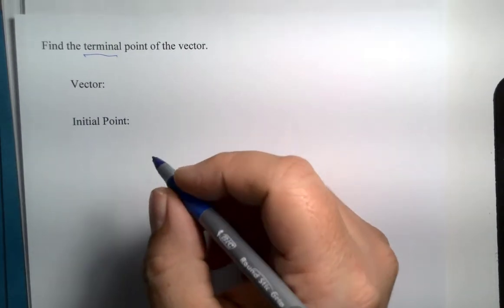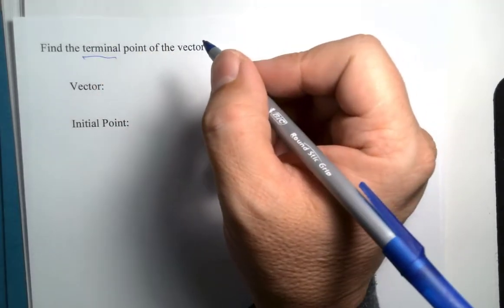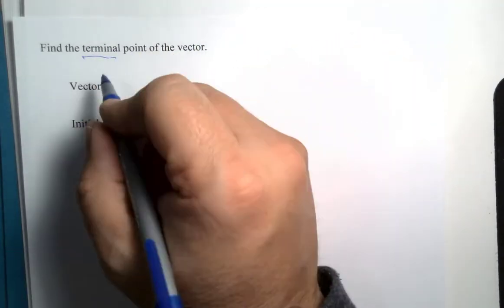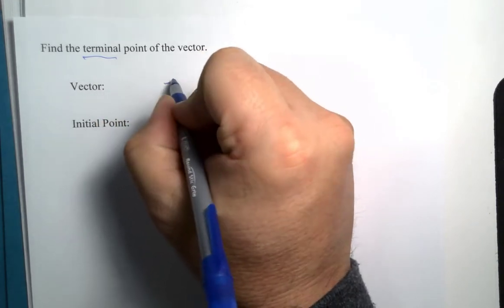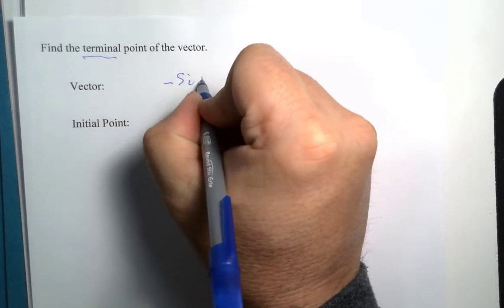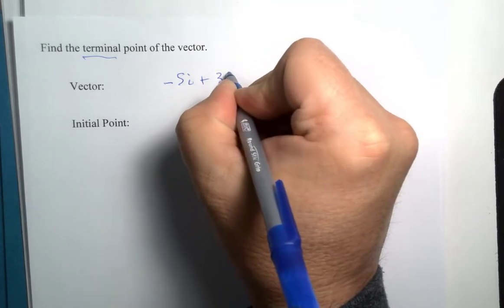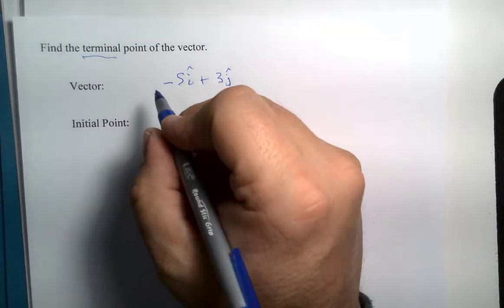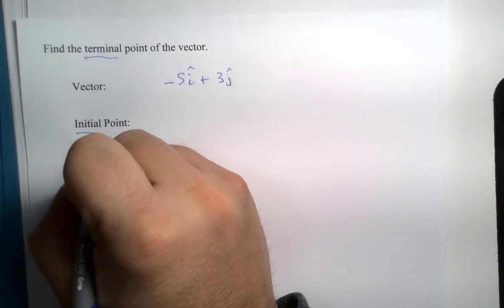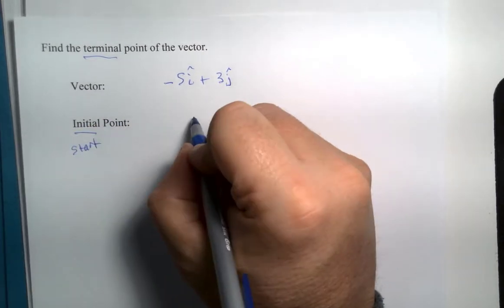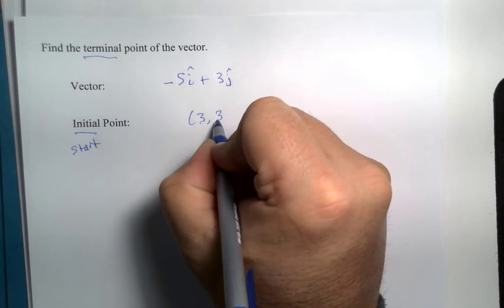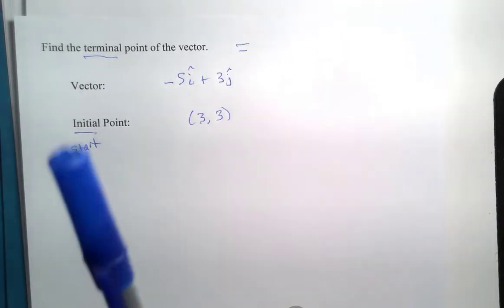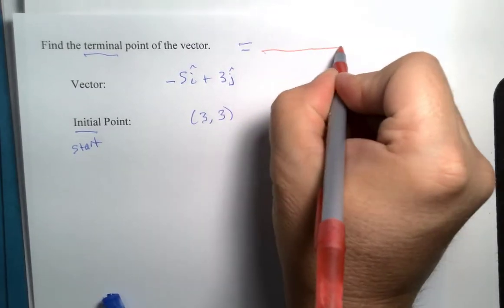And for the ending point of a vector, I guess we need a couple of things. The vector itself, let's suppose it was negative 5i plus 3j. For those of you that like the little hats on it, there you go. And let's suppose our initial point, which is our starting point, is the point 3, comma 3. The question is, where does it end?